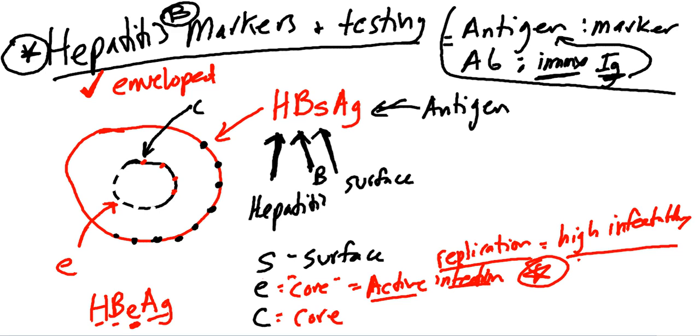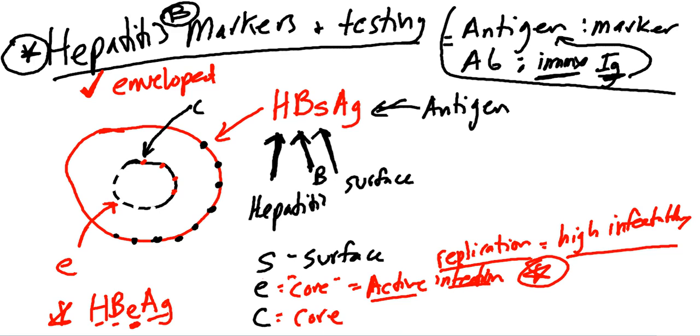Or let's say the mother is sexually active. If she is expressing this hepatitis B E antigen, she will have a high chance of sexually transmitting this hepatitis B virus. Remember that. That is an excellent test question. Hepatitis B E antigen means high infectability due to the active replication, due to the active infection of the virus.